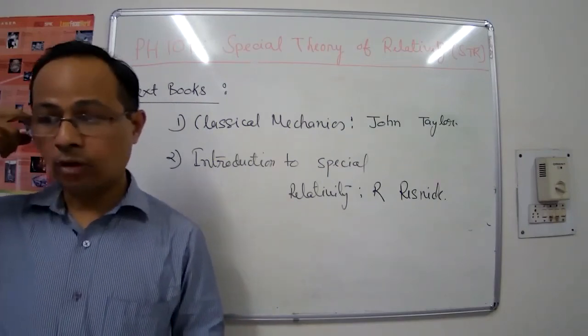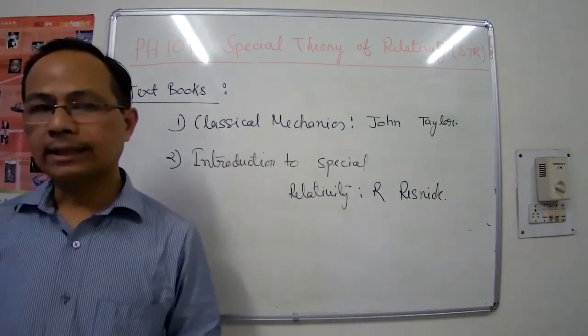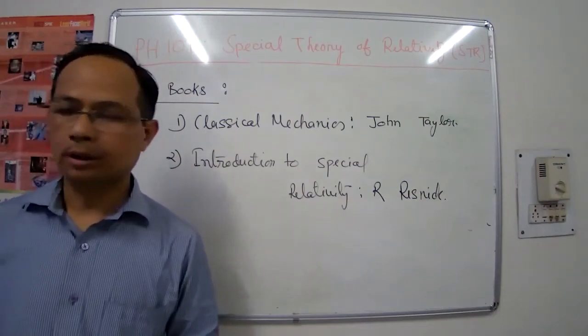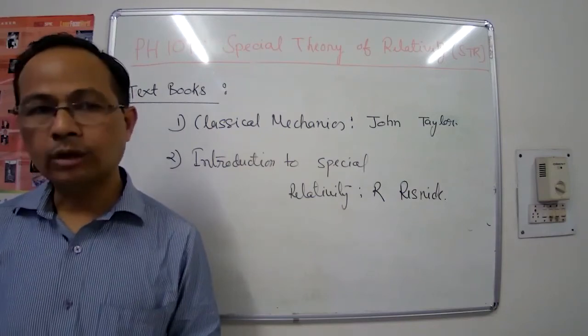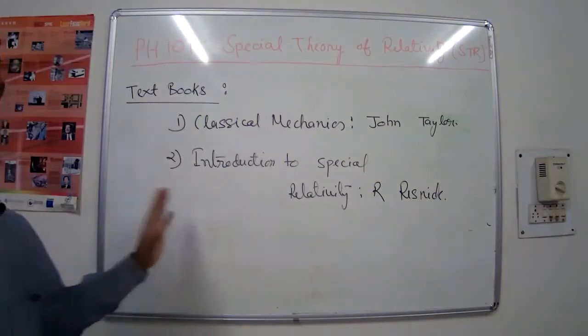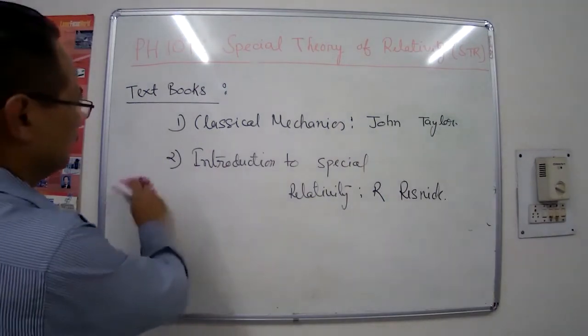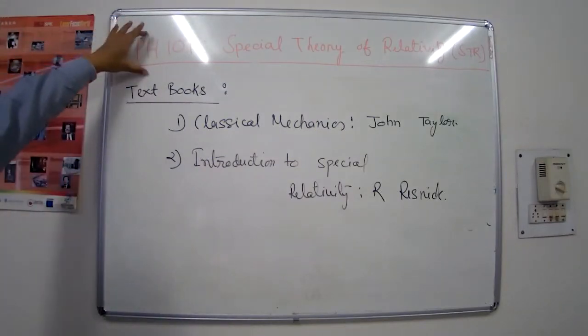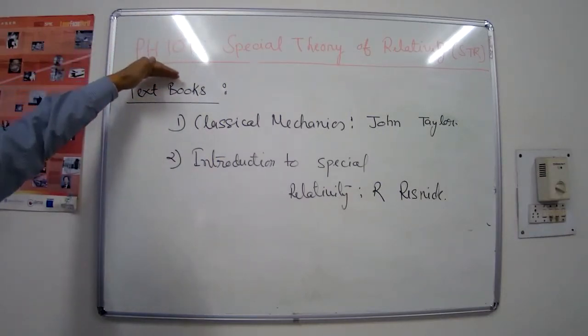So if there is a digital copy of Classical Mechanics by Taylor, then you will be able to access it through VPN. But otherwise, if I upload a PDF or scan copy, we will be violating copyright. But if the library has a digital copy, then you can have it. I am also aware that in the top part of the board there are some reflections, so you may not see it clearly. That is why I will be writing below this part only.